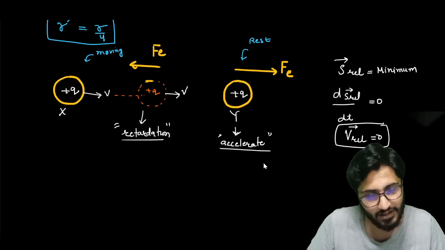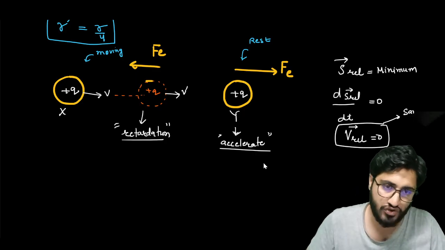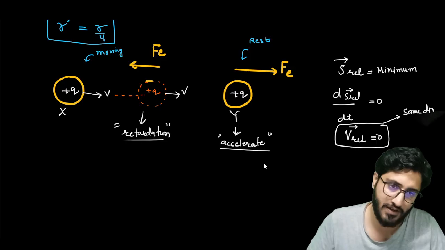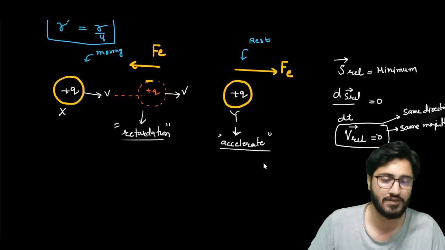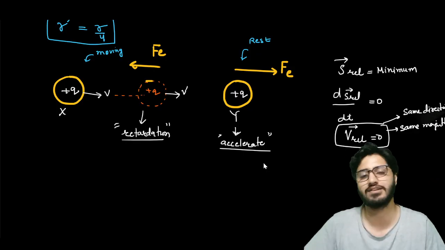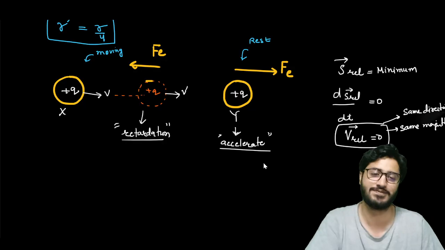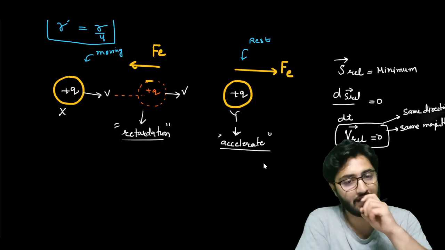When will my velocity be 0? When both are in the same direction with the same magnitude, from collision, chapter of 11th. So my V relative would be same.